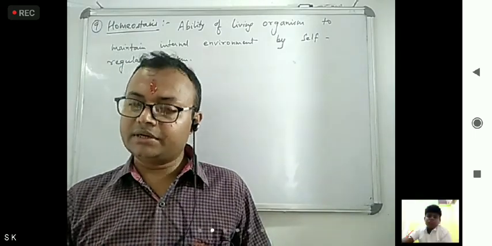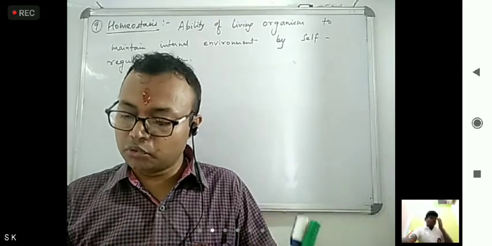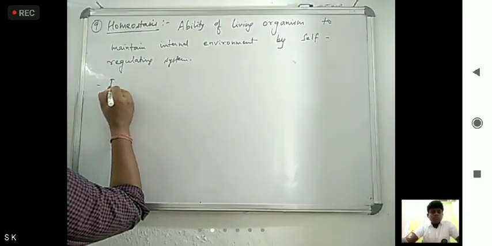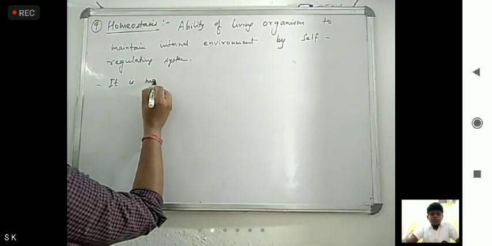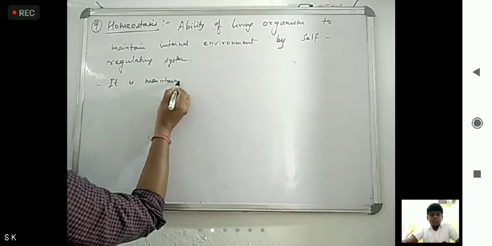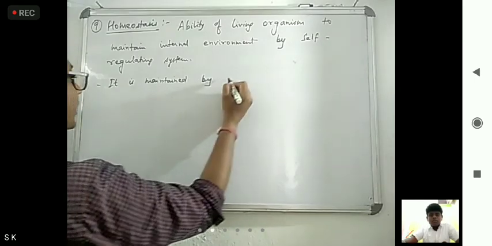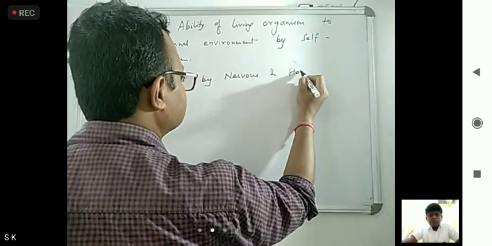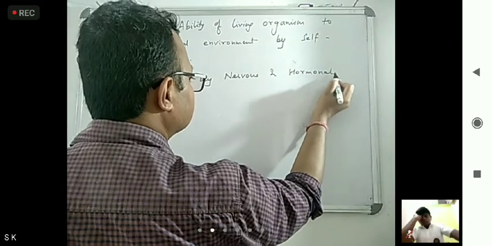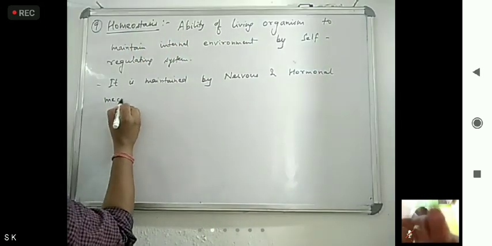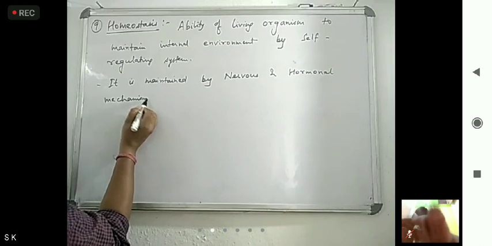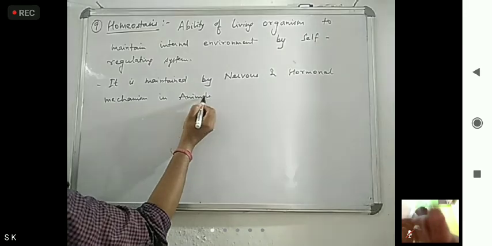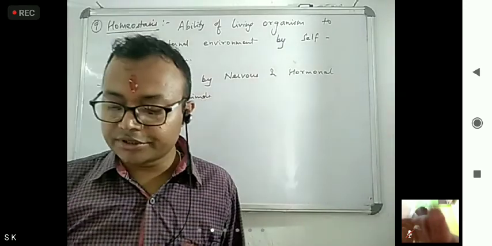Now how is it maintained? It is maintained by nervous and hormonal mechanisms in animals, and in plants it is maintained only by hormonal mechanism.